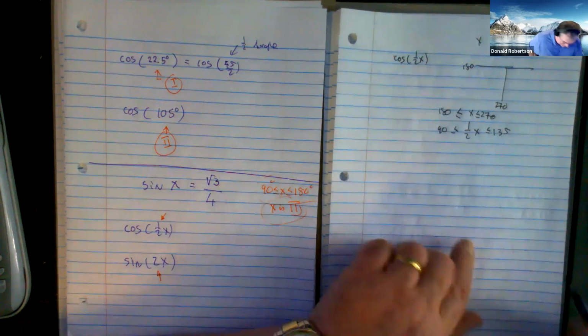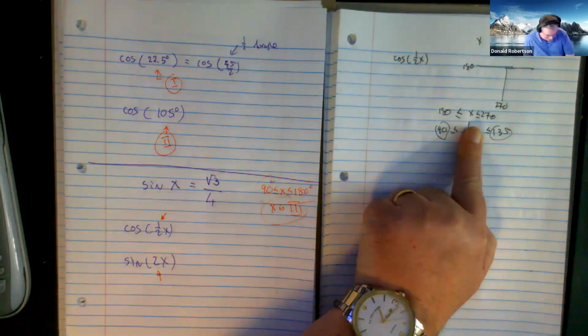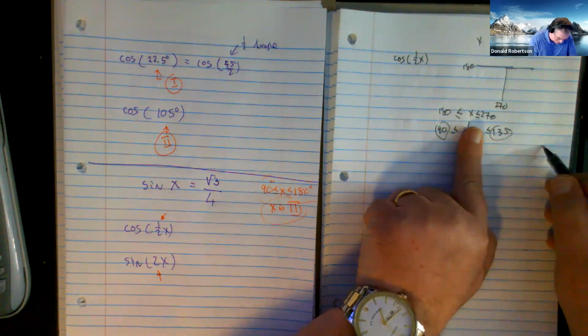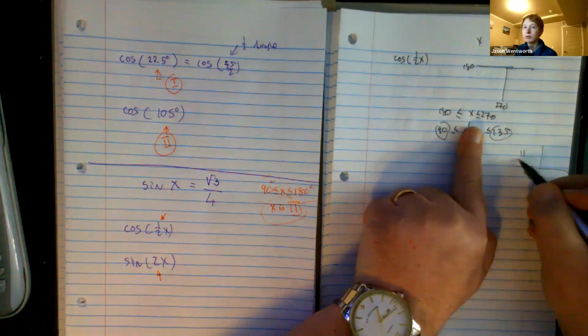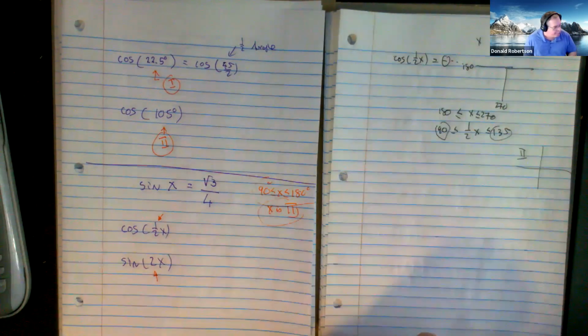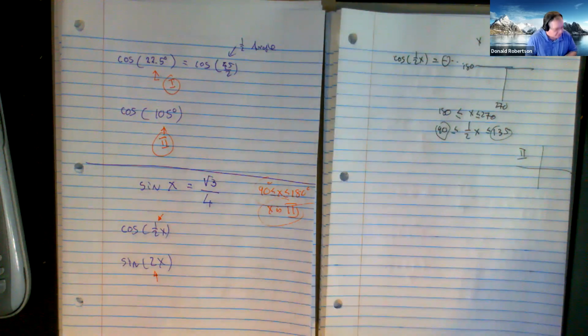What quadrant is an angle that's between here and here? If it's in 90 to 135, where would you find that? Quadrant 2. So if you're going to get a cosine, doesn't that mean the answer is negative something? Because second quadrant cosines are negative.